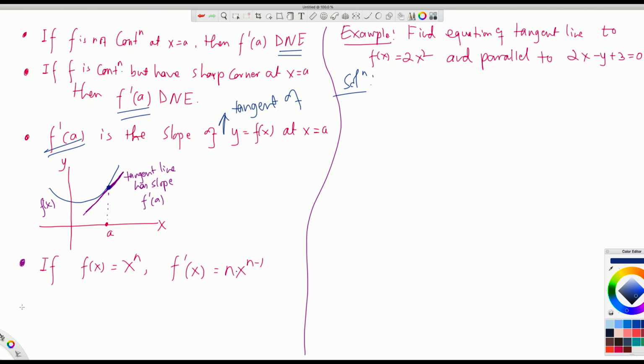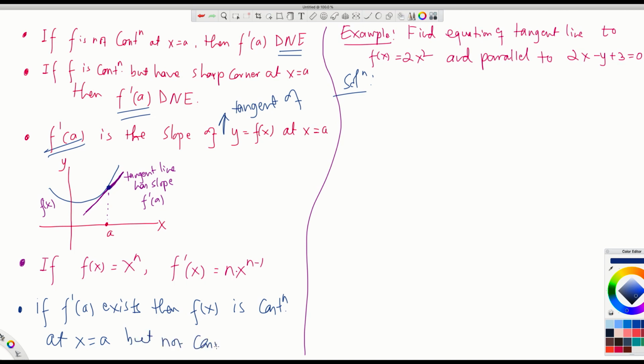And the last but not the least: if f prime of a exists, then f(x) is continuous at x equals a, but not conversely. Okay, what does that mean?